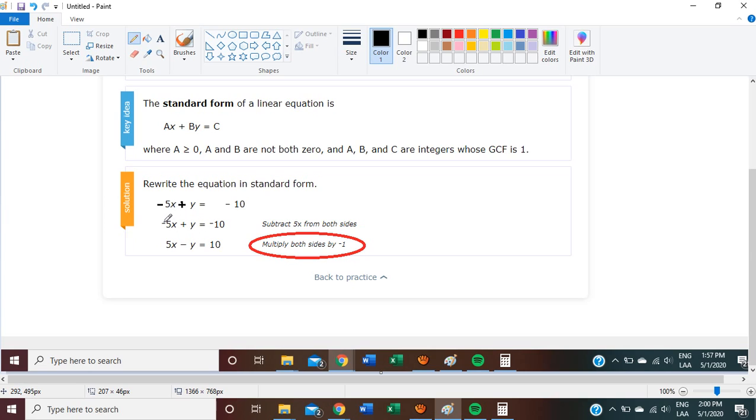So this negative is going to be positive. This was positive, now it is going to be negative, and it was negative, now it is going to be positive. So it is going to be 5x minus y equals positive 10. All right, so don't worry if you are still struggling with this, because we're going to do a few examples.